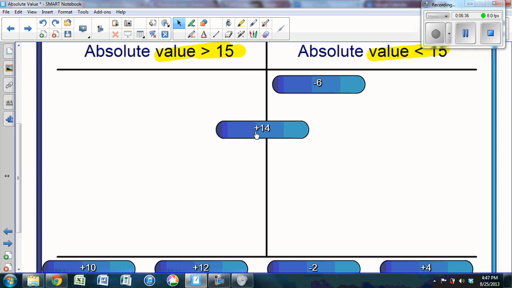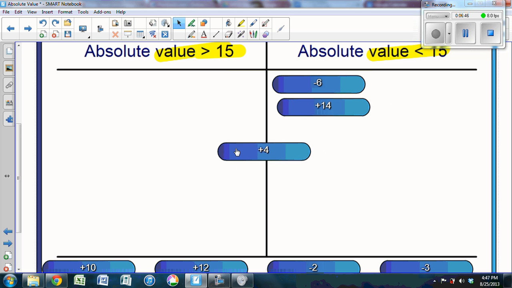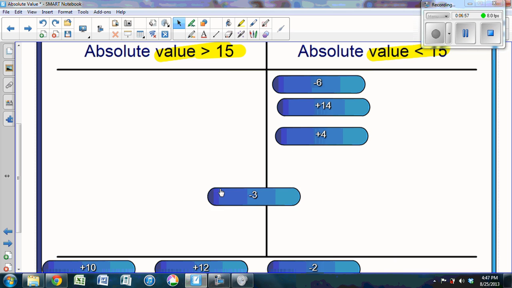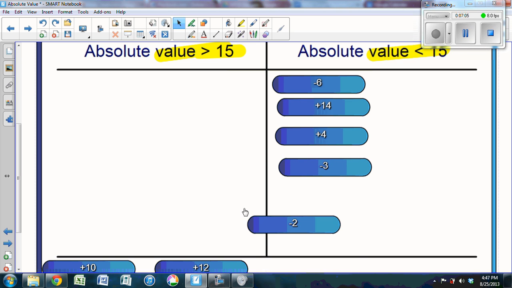Positive 14. The absolute value of positive 14 would be 14, and that is less than 15. Plus 4. The absolute value of positive 4 would be 4. That would be less than 15. The absolute value of negative 3 would be a positive 3, and that would be less than 15. The absolute value of negative 2 is 2.